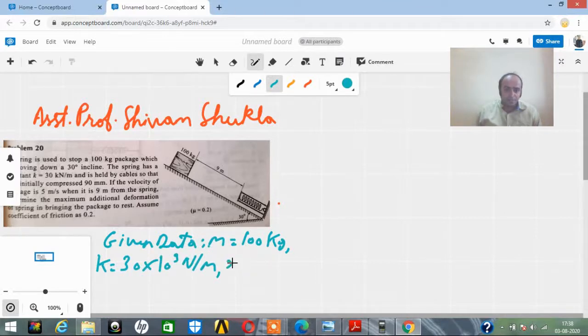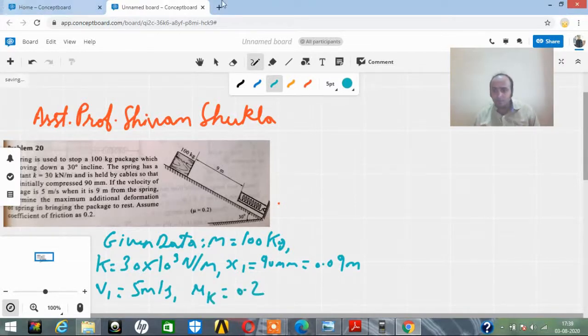Initial compression of the spring, that is x1, is equal to 90 mm, that is equal to 0.09 meter, since we have multiplied 90 by 10 raised to minus 3. The velocity v1 at position 1 is 5 meter per second, and when the distance is given, we are supposed to find the additional deformation. Even mu k is given to us as 0.2.